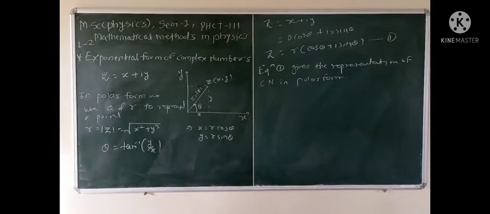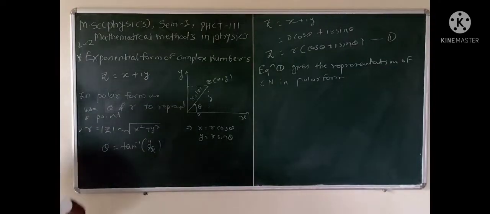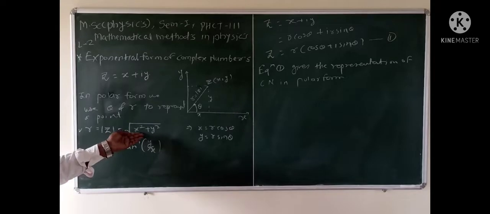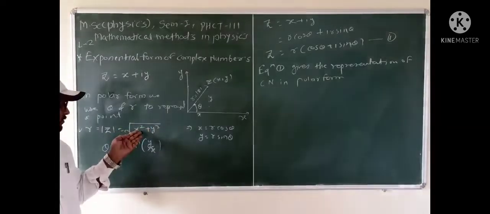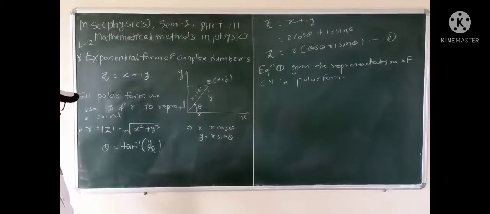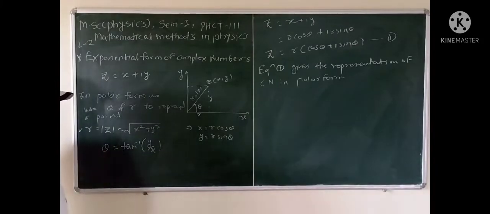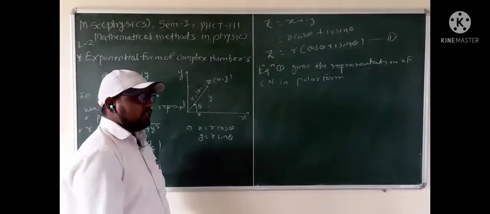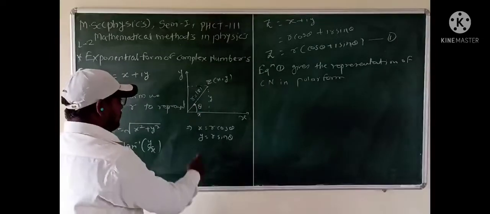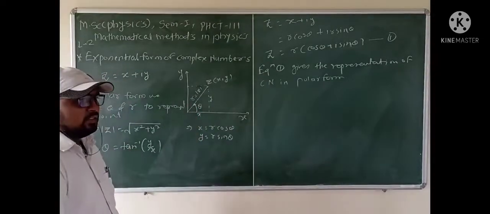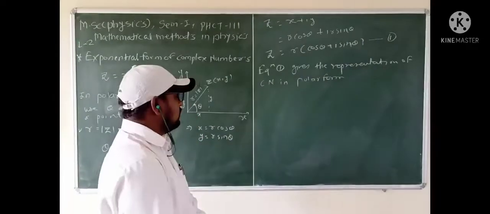So what are the values of r? We can find r easily by taking the under root of x square plus y square. But theta is the angle measured from the positive real axis.